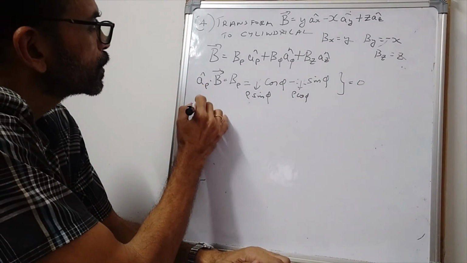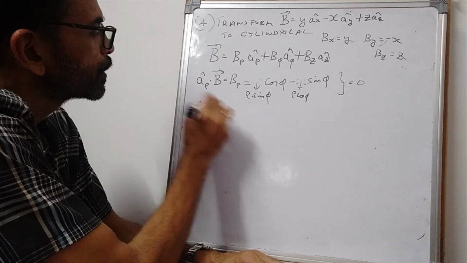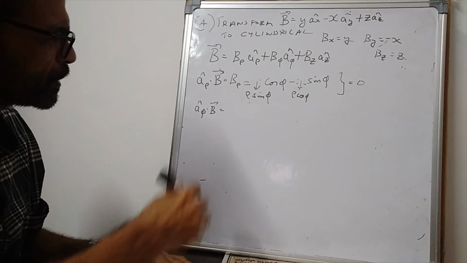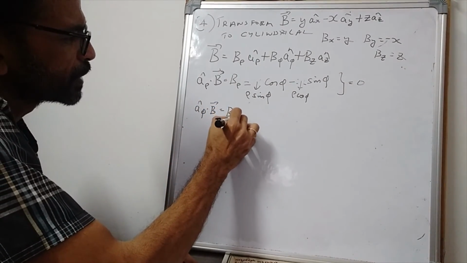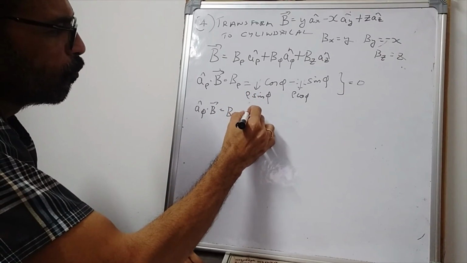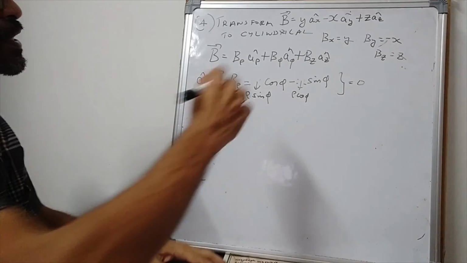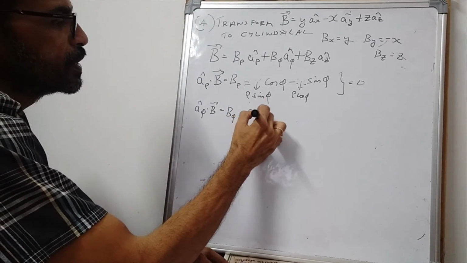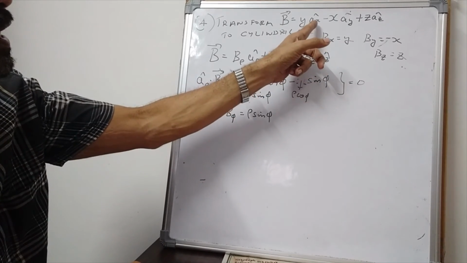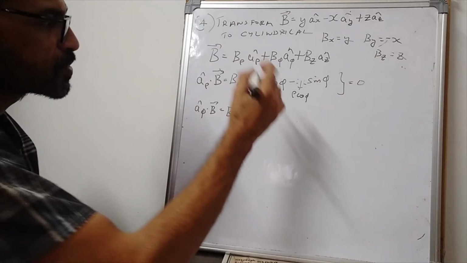Now we find out the phi component by dotting vector b with a phi cap. That gives us the phi component. And let's see what we get. Y, since I have explained what y is here, I can write y into a phi cap dot ax cap. A phi cap dot ax cap is minus sin phi.